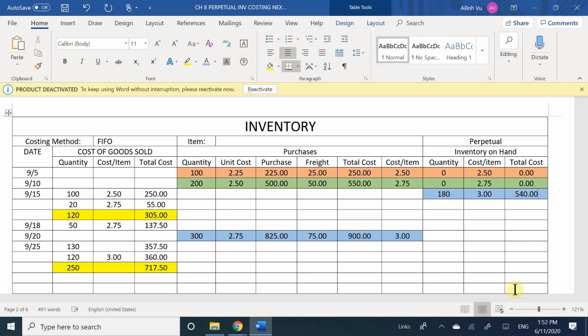Where is this 825? Okay, not 825. This is 900, and we're subtracting 360, because we sold it. We don't have any more. Right, 540.